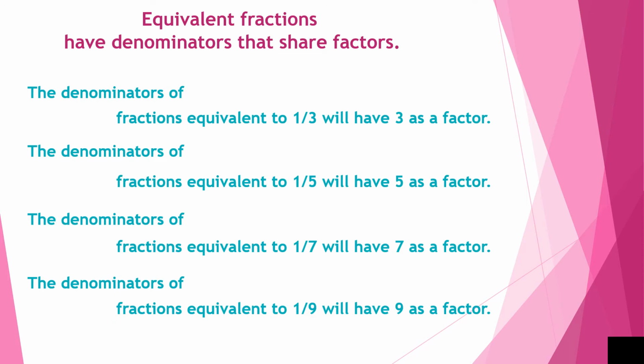The denominators of fractions equivalent to 1/7 will always have 7 as a factor. The denominators of fractions equivalent to 1/9 will always have 9 as a factor. And think about this. If these fractions with a denominator of 9 have 9 as a factor, well, they will also have 3 as a factor, because 3 is a factor of 9.